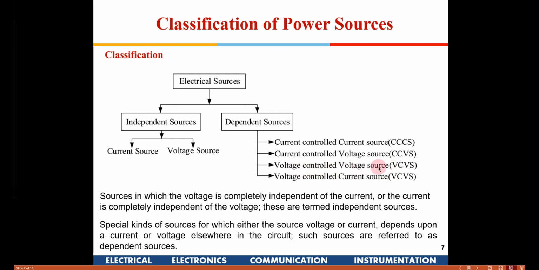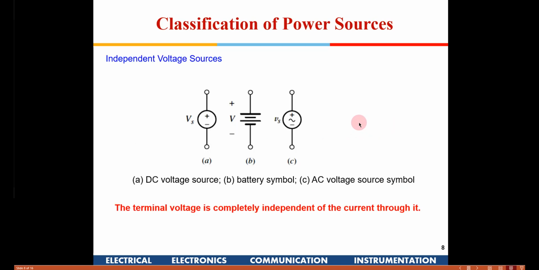Similarly, you have voltage controlled voltage source, a voltage source whose output voltage depends on some other voltage in the circuit. Similarly, you have voltage controlled current source, a current source whose output current depends on a voltage in some other portion of the circuit. So these are the four kinds of dependent sources available.